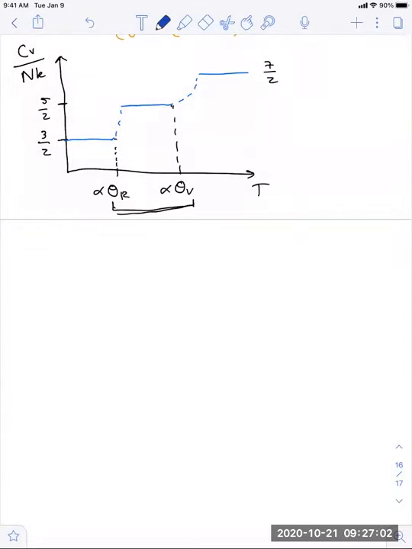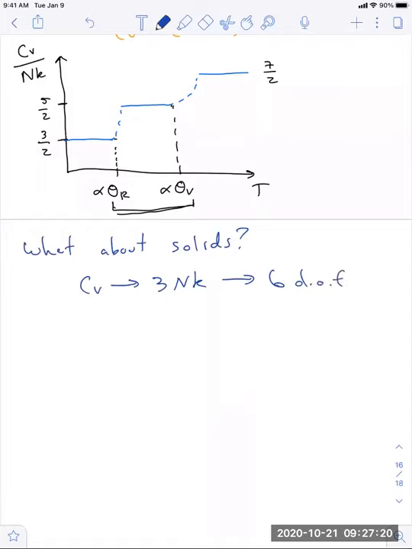All right, and then just a quick look ahead. What about our best friends, the solids? Perhaps you know, if you've taken solid state physics, that the heat capacity goes to 3 nk. That implies 6 degrees of freedom. In solids, we don't have translations, and we don't have rotations.